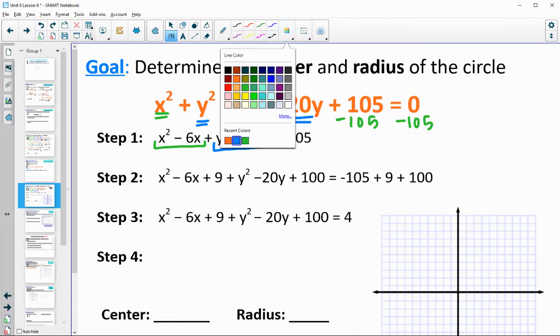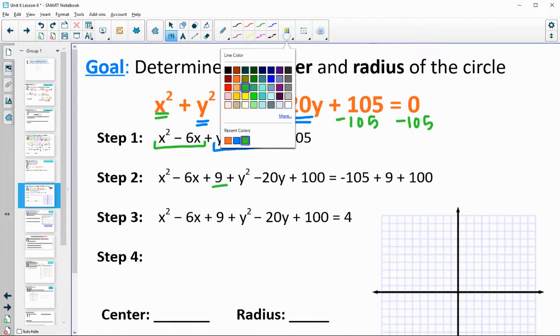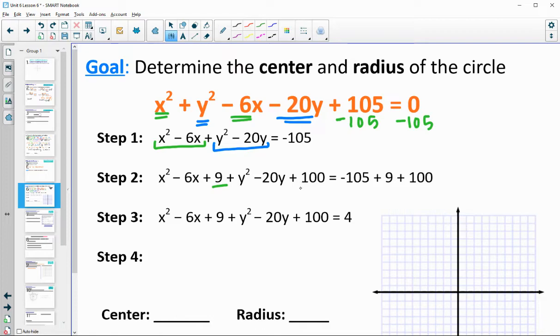In step 2, she figured out what number she needed in order to complete this square, right? And added it to both sides. So in your book, it says, why did she add 9? Okay, so why did she add 9 on the left side and 100 on the left side? So where did those come from? She made perfect square trinomials.